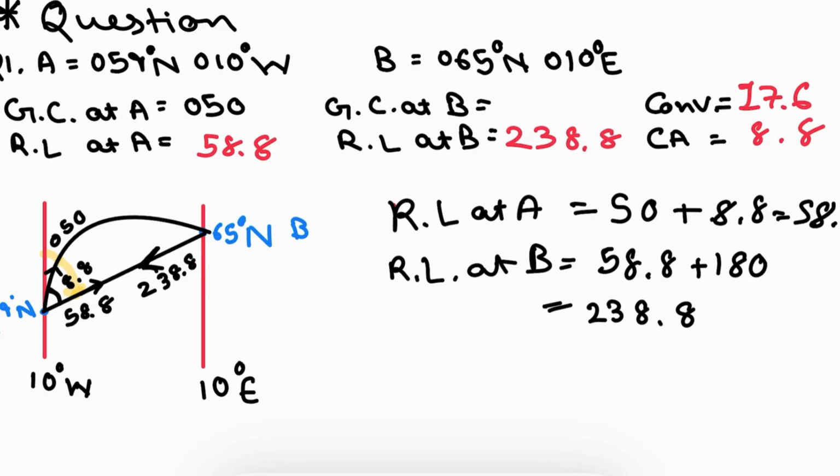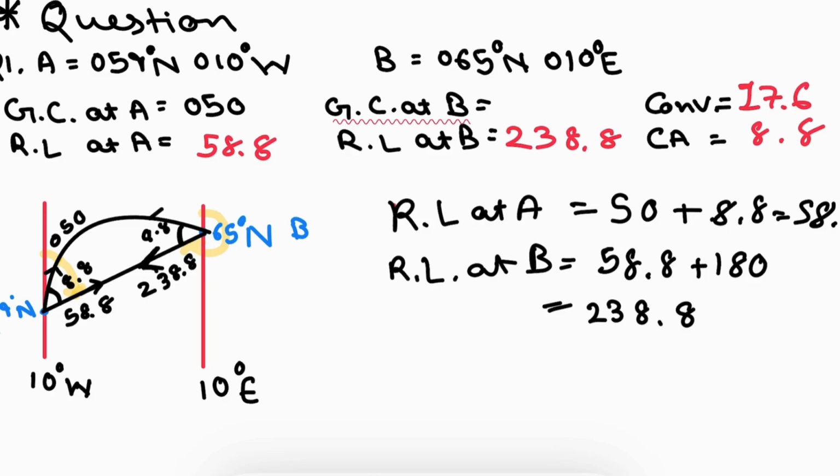Okay, so let's write here 238.8. Now we have to find out this great circle at B, right? So the great circle, here we know that the conversion angle is 8.8 and this angle is 238.8.